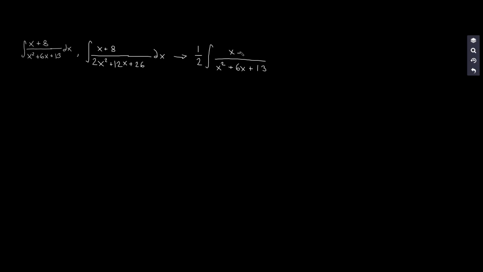The numerator is going to stay the same. And so this is the same exact integral as before, except for the factor of 1/2 out front. So it's gonna simplify, and it's gonna look a lot like what we had before.